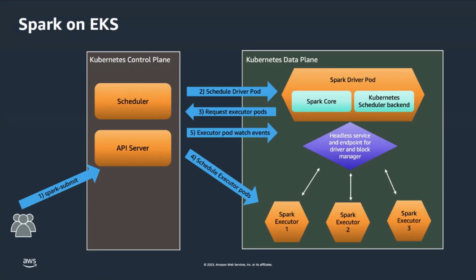And then the watch events are set up for these executors. So it's relatively clean in this implementation. This is done via Spark Submit. We do have a pattern available on the Data on EKS repo for an implementation via Spark Operator, in which case Spark Operator would be the conduit through which Spark Submit gets executed.